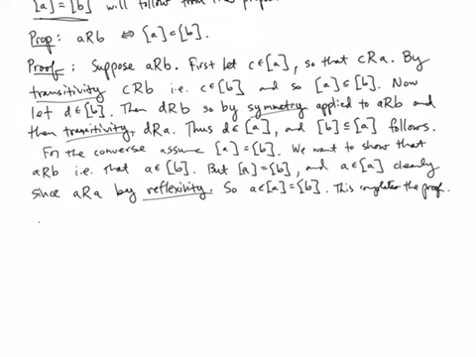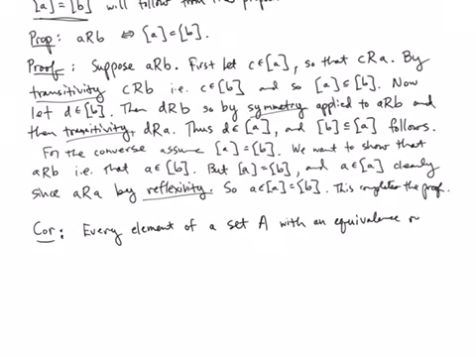So the corollary is that every element of a set A with an equivalence relation R is in one and only one equivalence class.